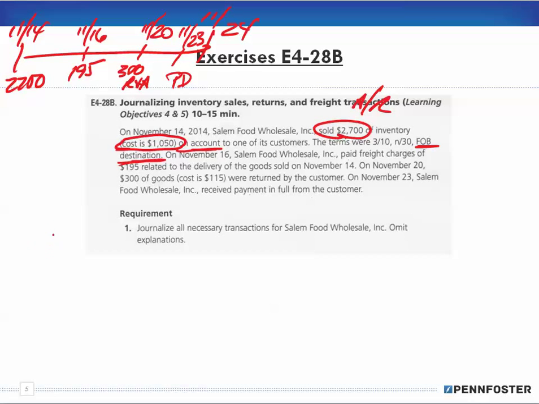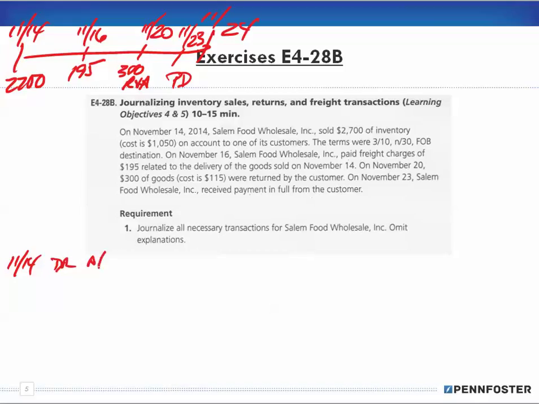Okay. All right, so first, let me erase this so I can read it. All right, so on November 14th, we sell $2,700 of inventory on account. Okay, so if it's on account, right, that's accounts receivable.